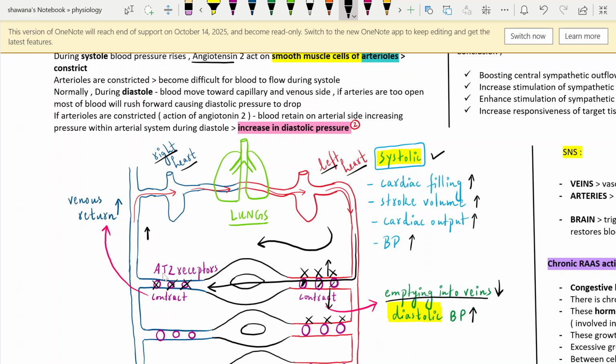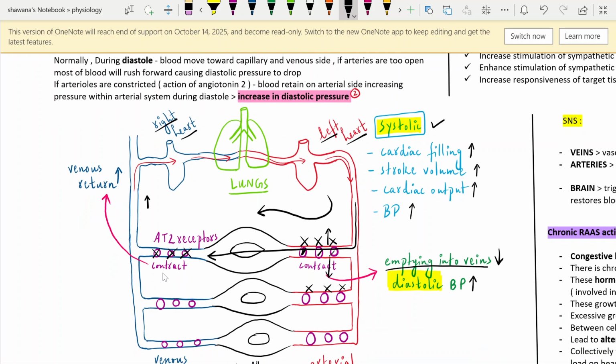But under the effect of angiotensin 2, when arterioles are constricted, they will cause the blood retention on the arterial side. It will cause increased pressure in the arterial system and it will cause increased diastolic pressure. And this whole process is occurring in the process of diastole. That's why we call it diastolic pressure.